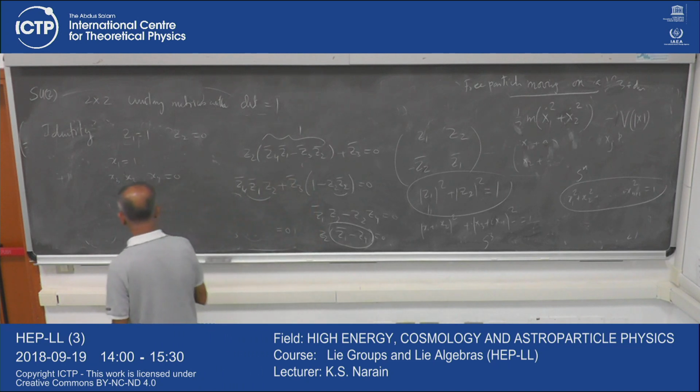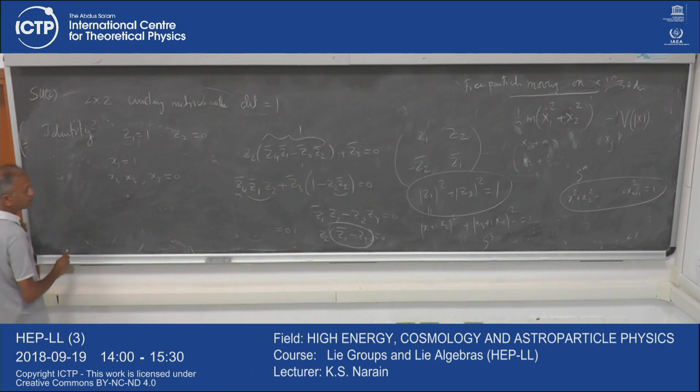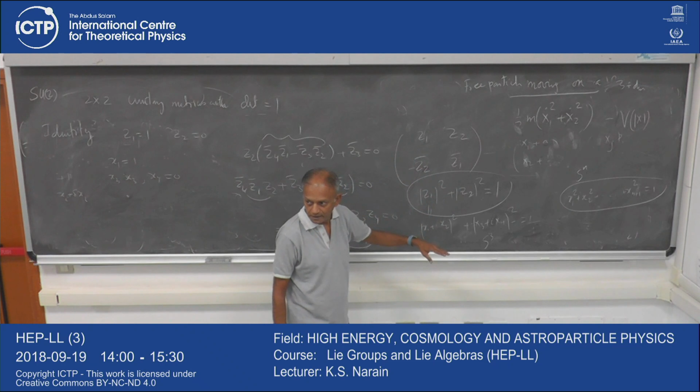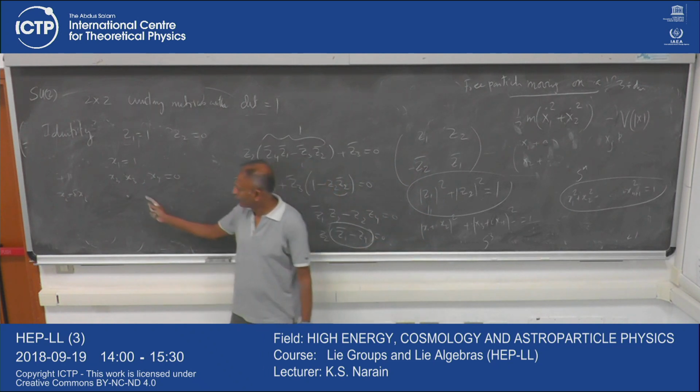So if I make small deformations, what's going to happen? Let's make x1 go to x1 plus delta x1, and similarly xi goes to xi plus delta xi. Then plug it into this equation to see what the condition is. I have four parameters.